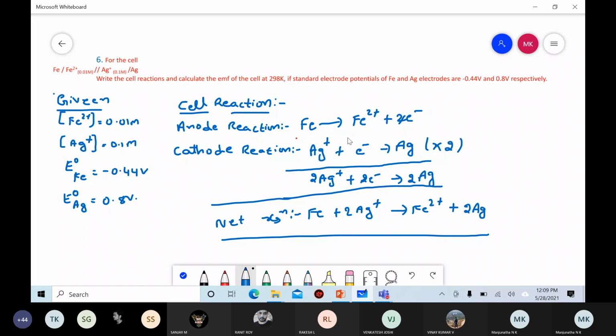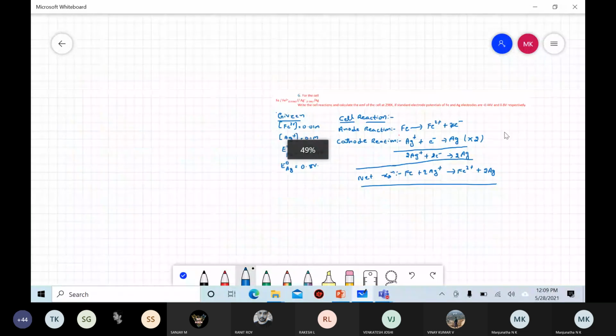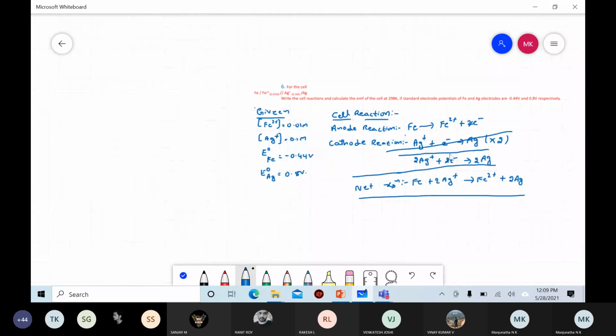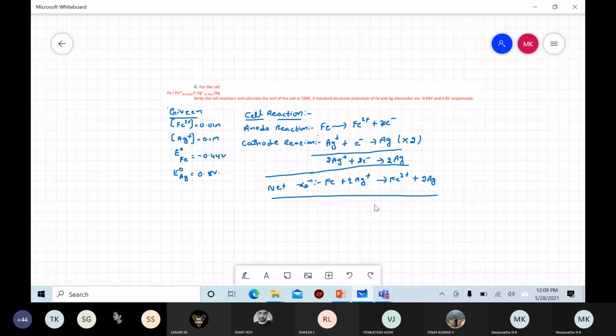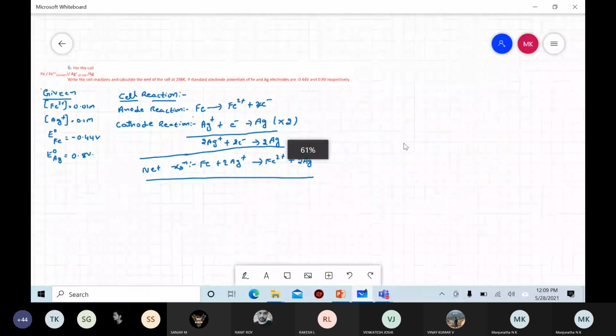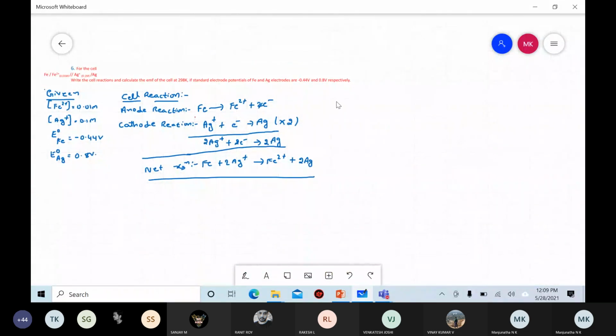Quickly write it down. Now it is visible.